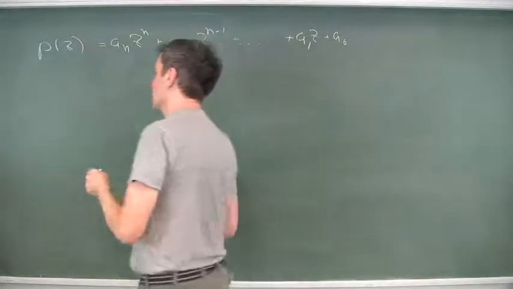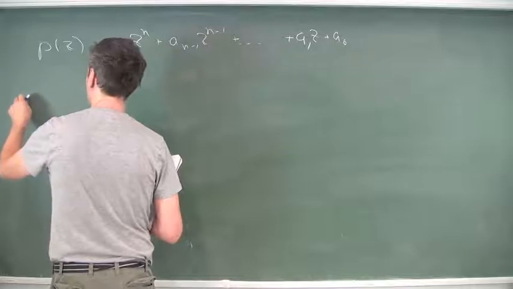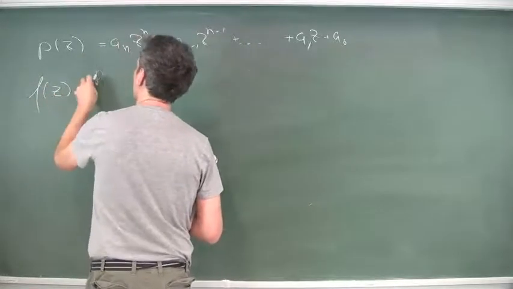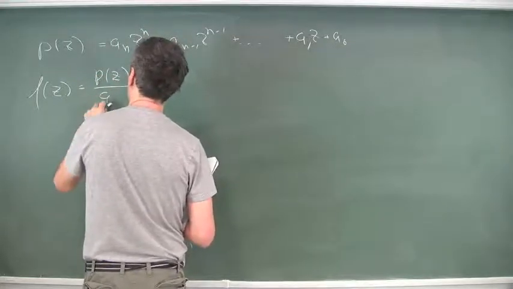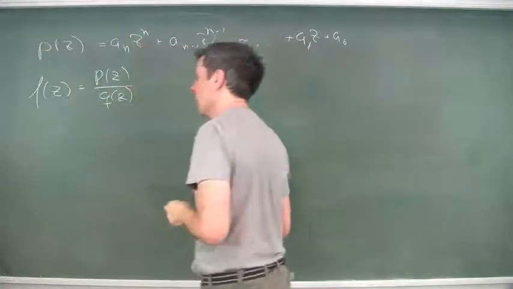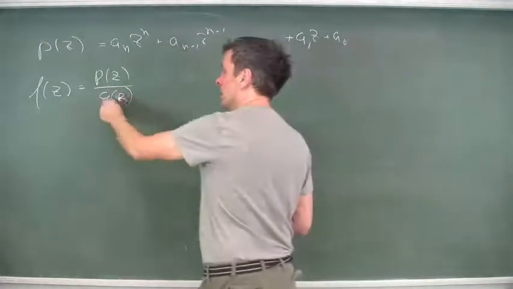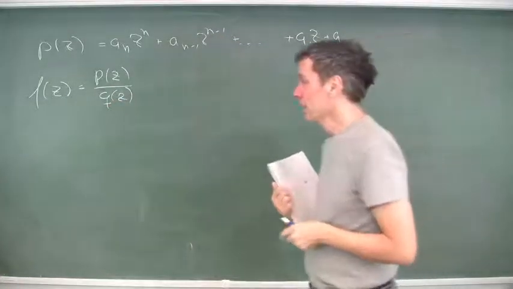You can also consider quotients of polynomials, that is, rational functions, like this. And they will also be analytic, except possibly for the zeros of the denominator then.